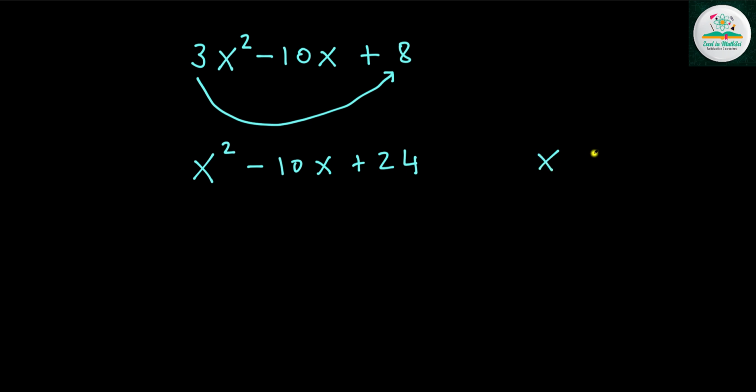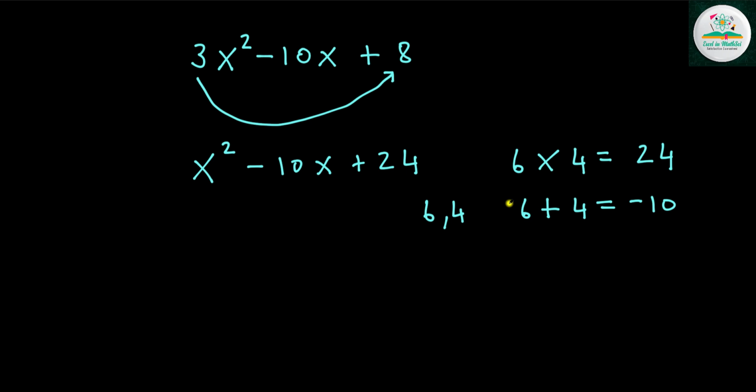So we find two numbers, factors of 24, which when added together give me the coefficient in front of the x term, which is minus 10. So we list the factors of 24. So we have 6 and 4, because 6 times 4 gives me 24, and 6 plus 4 gives me 10.